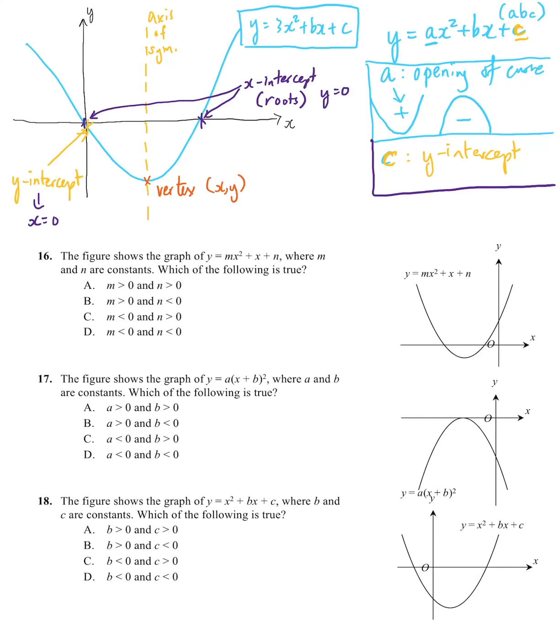And then the last one that I want you to understand when we use the ABC format is that we can find the axis of symmetry. The axis of symmetry is equal to negative b over 2a. The negative value of b divided by 2 times a gives us x equals negative b over 2a.